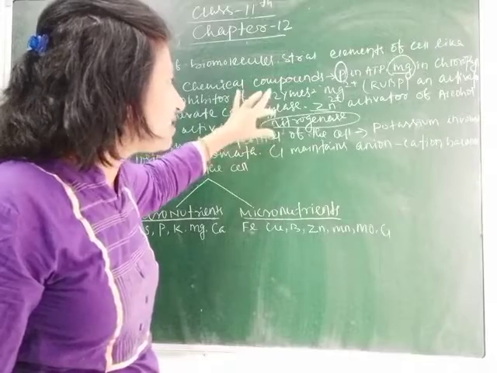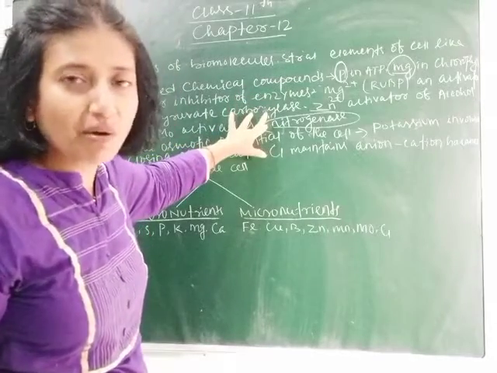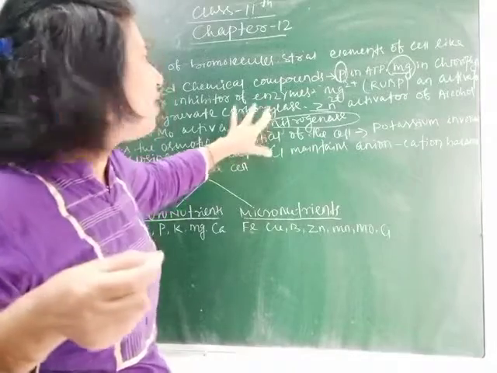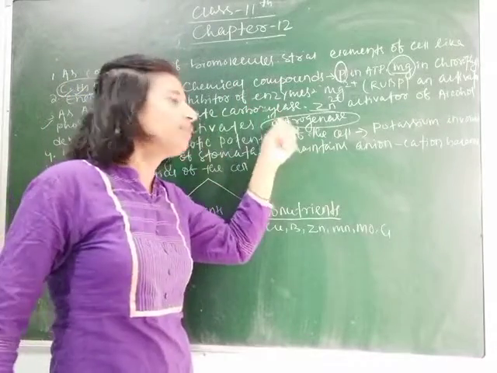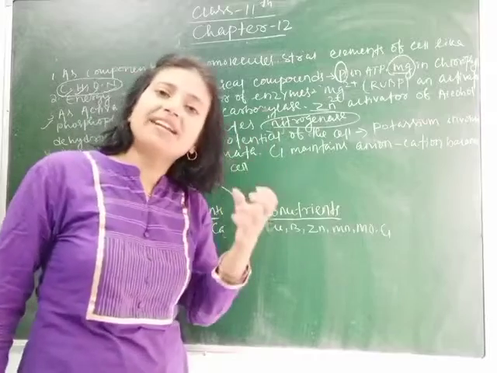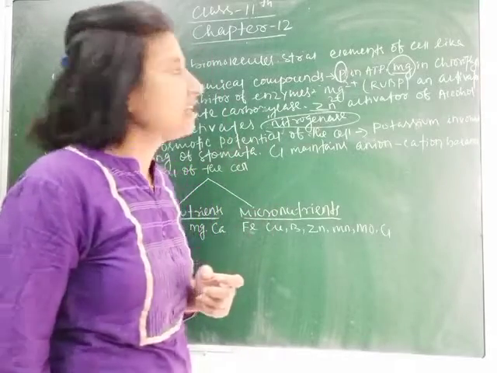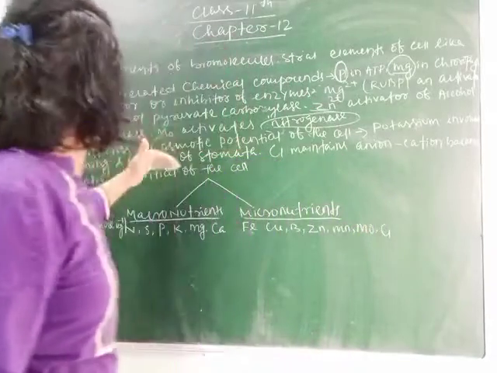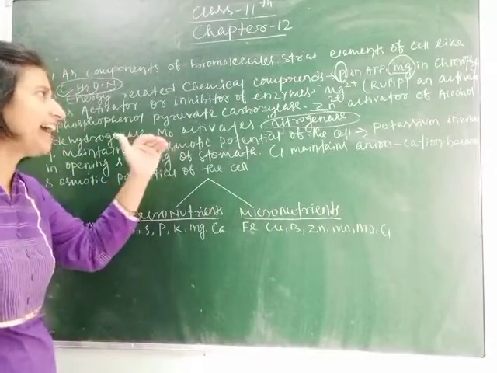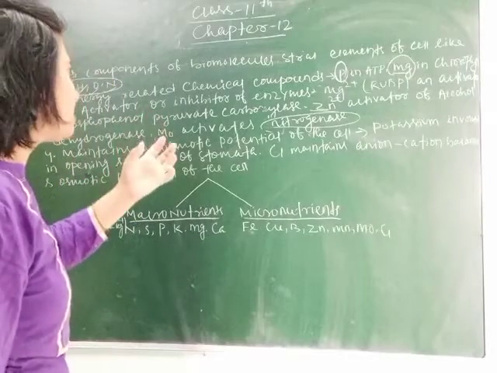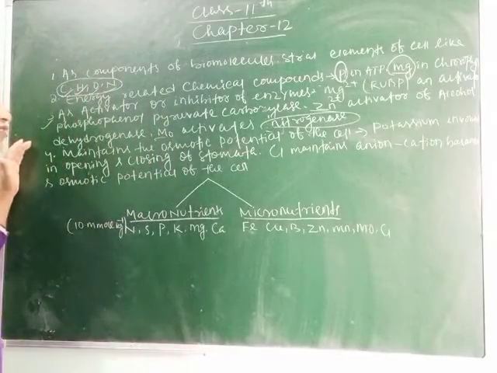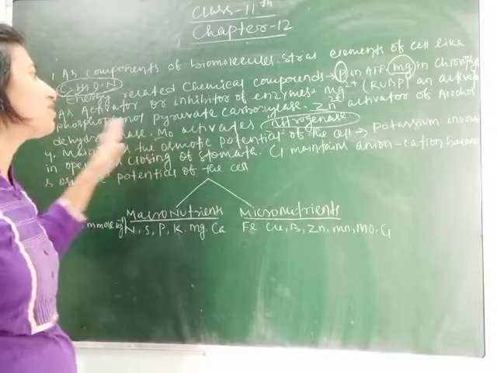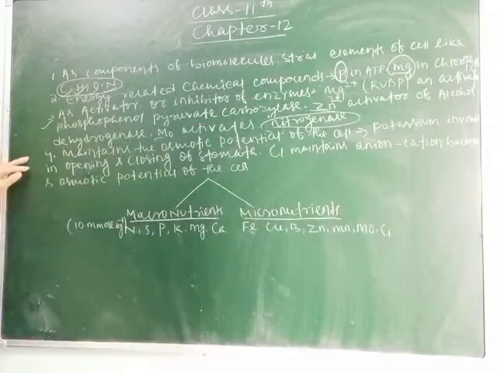These enzymes are not present in active form, so they have to be activated, meaning they act in the active form. For their activation some minerals are used by the plants, and those minerals are zinc and molybdenum, which play an important role. Zinc is called the activator of alcohol dehydrogenase, whereas molybdenum is called the activator of nitrogenase.